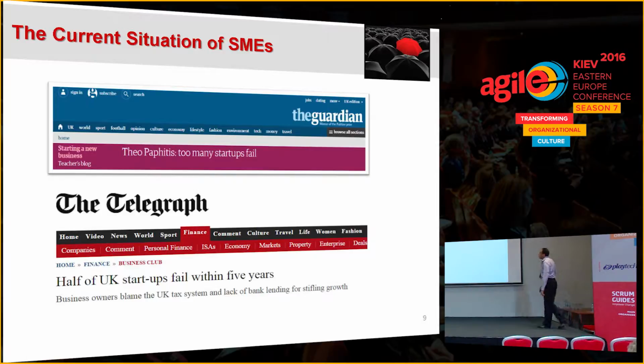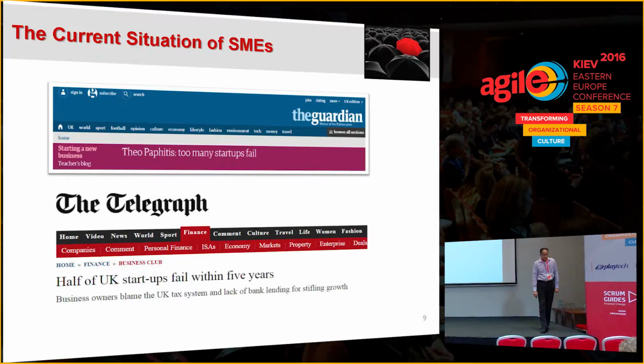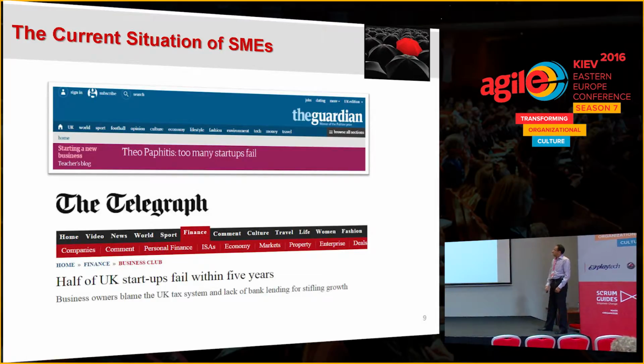So, what's the current situation of this size of company? Here in The Guardian, the headline says too many startups fail. Has anybody got any idea about the level of failure of SMEs around the world?